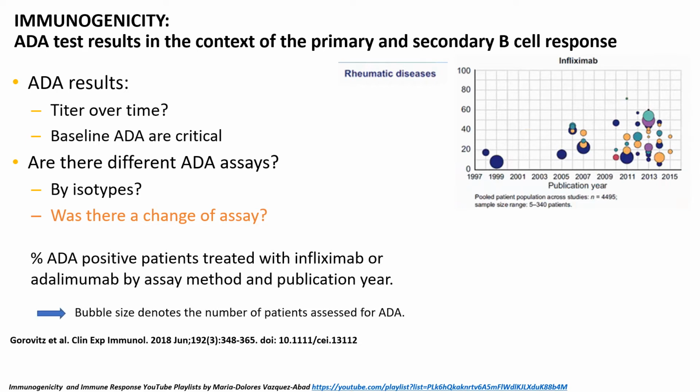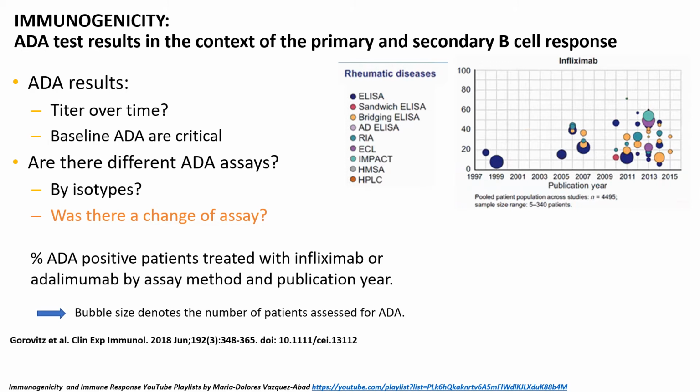The bubble size denotes the number of patients that were assessed for antidrug antibodies. So this is the denominator, and the y-axis is the numerator. What was the percent of those tested patients that were reported positive? Now the colors are different technologies or platforms that were used to assay for antidrug antibodies, and I don't know even half of them.